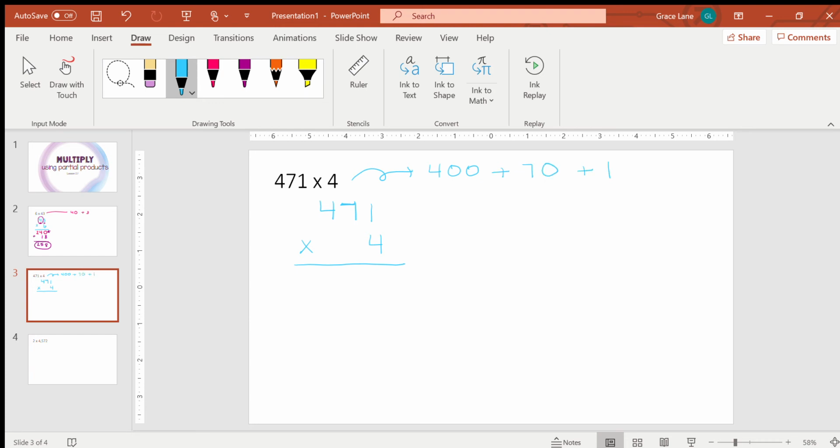So when we multiply, this 4 right here is really saying 400 times 4. I know that 4 times 4 is 16. Since I'm talking about the hundreds, I'm going to add my 2 extra zeros though.